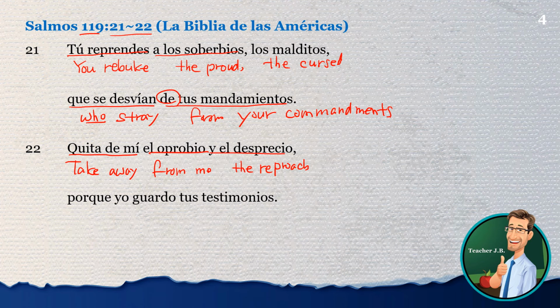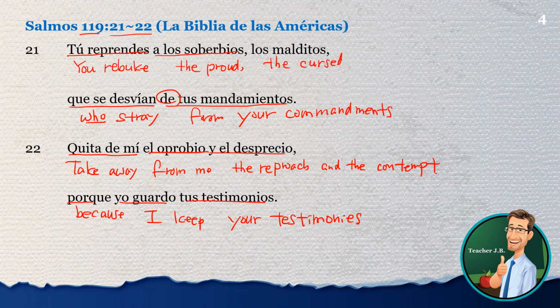El desprecio is the contempt. Porque? Because yo guardo, I keep tus testimonios. Your testimonies.